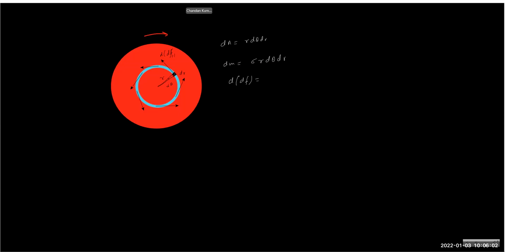It turns out to be mu dm g. This is the friction force acting on that part, which is mu sigma r d theta dr into g. This is the ddF, the friction force on the elementary of element.